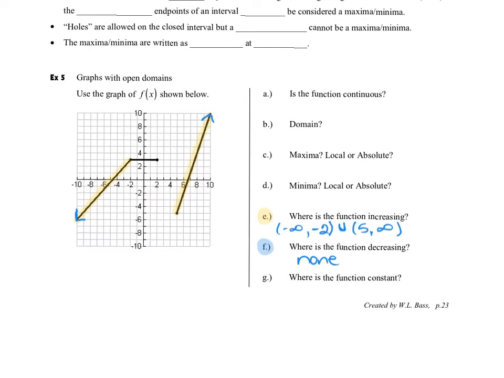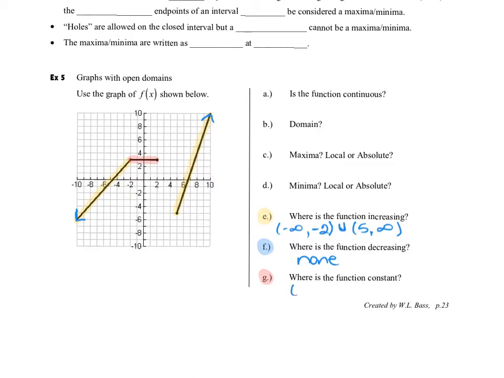We could see before that we had this nice flat spot right here, this plateau. So I can highlight that as my constant interval, and I can answer that question here. Of course that needs to be an open interval. I'm going to look at the x values that described that y behavior. This interval starts at an x value of -2, and it continues to an x value of 2.